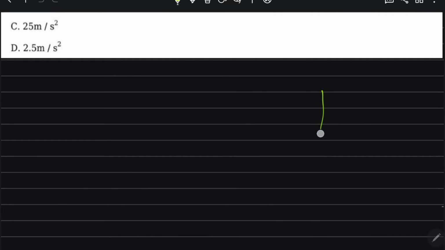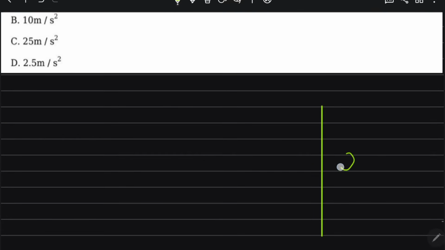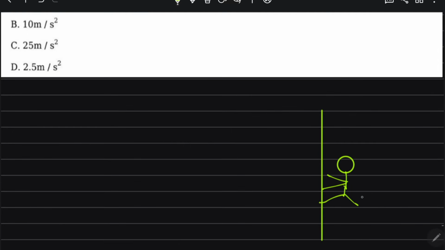A monkey of mass 20 kg is holding a vertical rope. It is like this situation. Let me draw this. The mass is 20 kg, which means mg force is acting downwards.